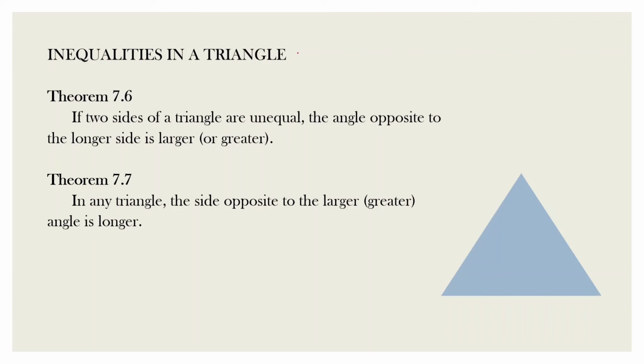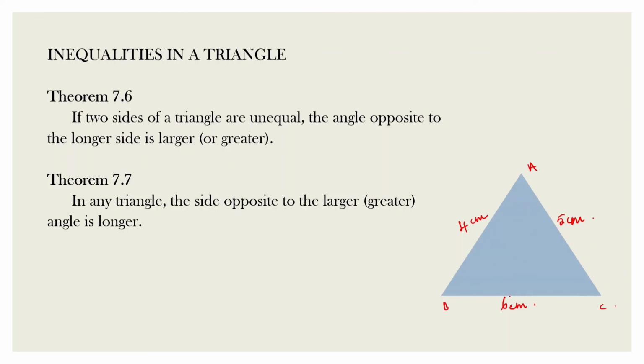Inequalities in a triangle. Let's look at theorem 7.6. Theorem 7.6 says that if two sides of a triangle are unequal, the angle opposite to the longer side is larger. In this triangle ABC, let's say that side AB is 4 cm, AC is 5 cm, and side BC is 6 cm.